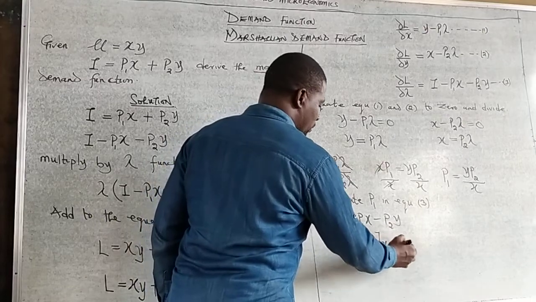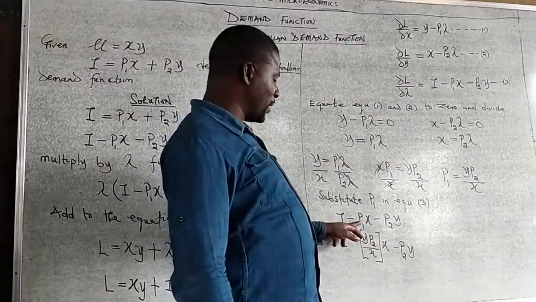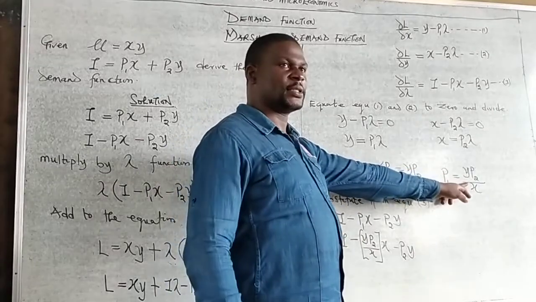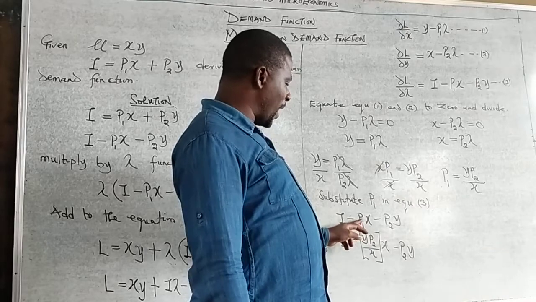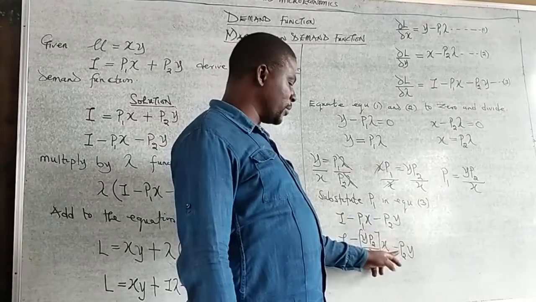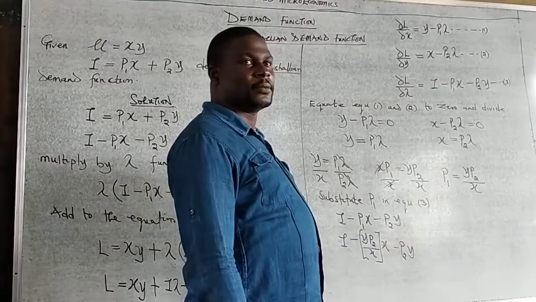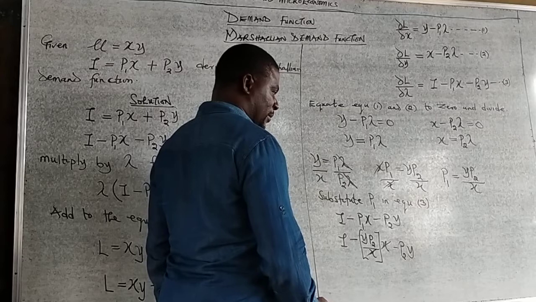Are you following? Where I see p1, I'm representing it with this. So where I see p1, I put this. This x is still there, then minus p2 y. So here now, this x can cancel this x.